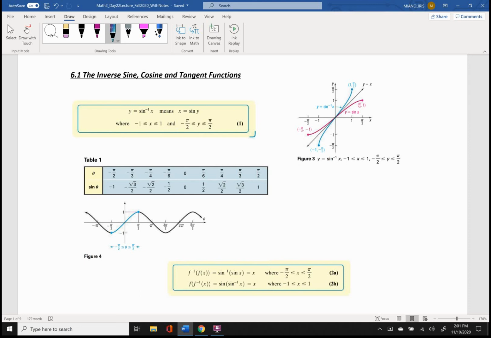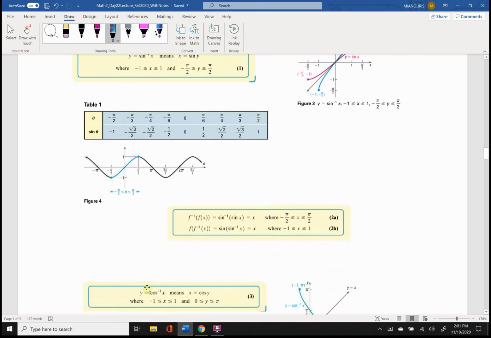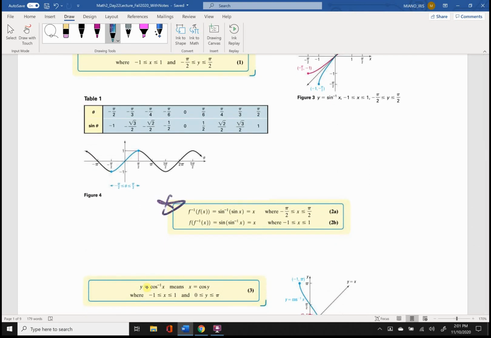And here's a little table of values within the domain and the range associated with the sine and sine inverse, okay? And then in this next yellow box right here, we get an idea of how to use how to composite the sine inside of itself.